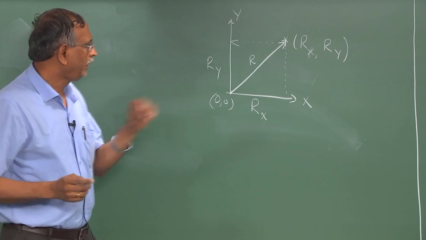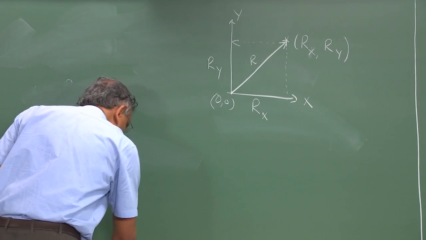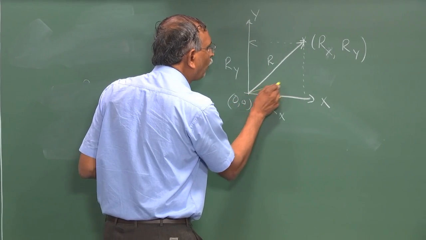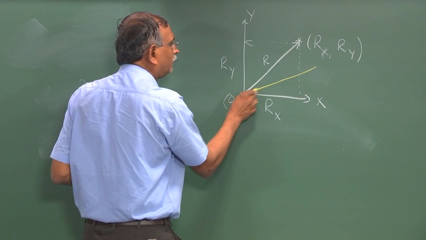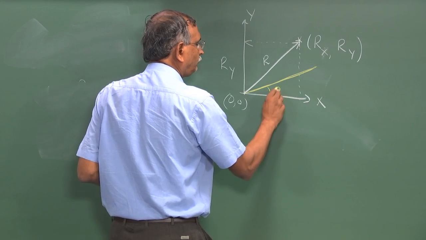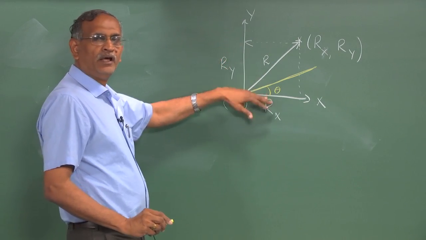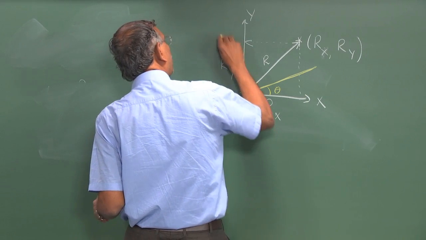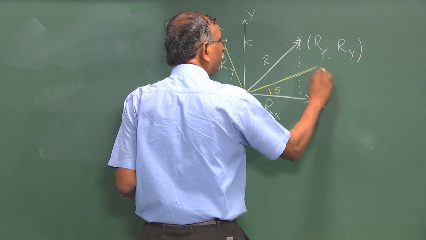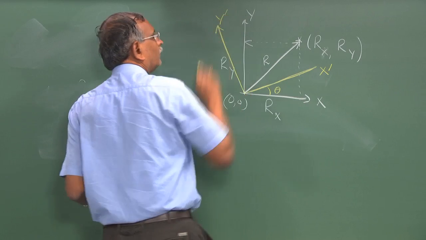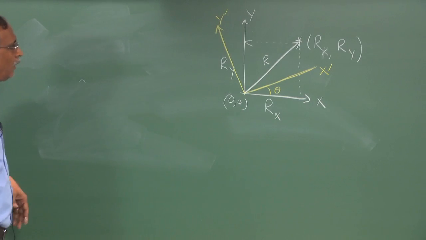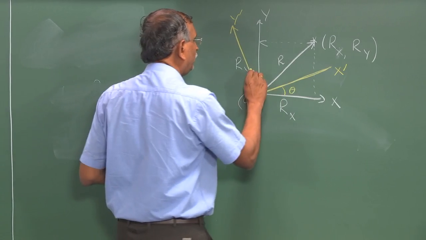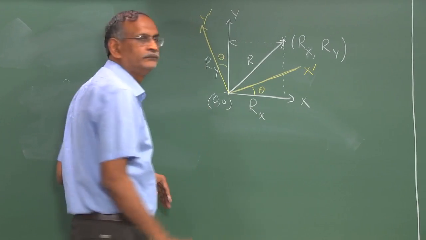Now, if instead of this xy axis, suppose we use a slightly rotated axis by an angle theta. That is, the axis system is rotated by an angle theta, which means this new y prime and the x prime, okay, are at an angle theta from the old x and y.